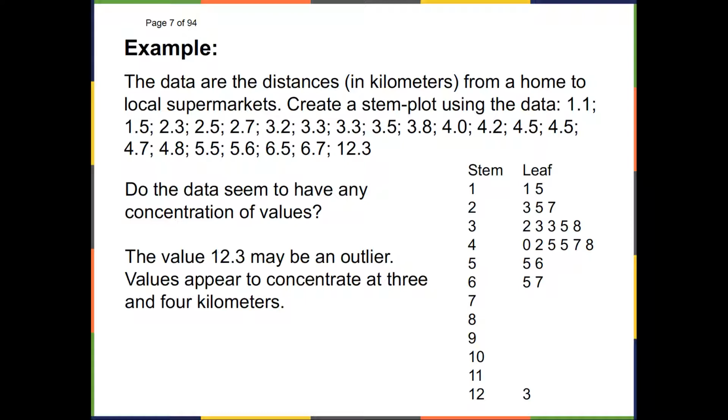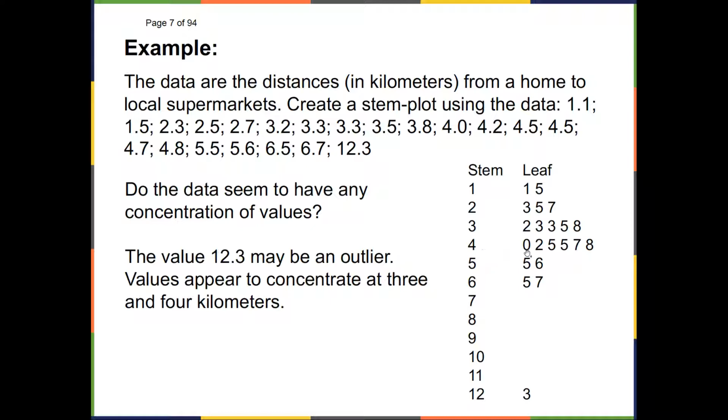Why is it useful? Like, why would you bother with this process? The reason why you do this process is it might help you find if there are any outliers. By that I mean, I could see here that a number like 12.3 is very clearly an outlier because there are no other numbers around it.